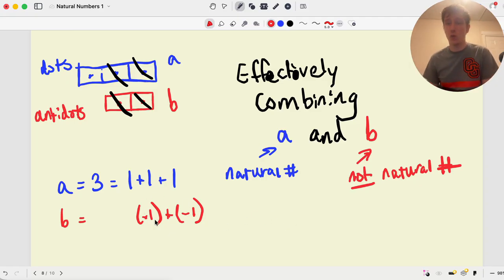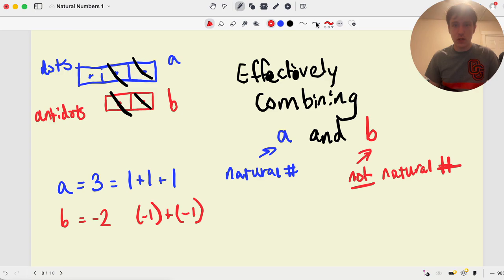So this -1 completely cancels out the 1, and I don't have anything left. And so this ends up being a -2. Why a -2? Well, if I had a +2 for A, that would completely cancel out with the -2.